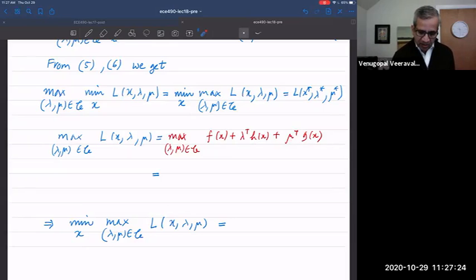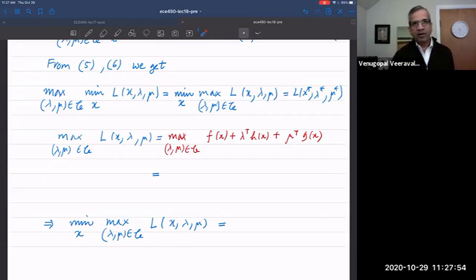Same thing here. These mu's are non-negative, right? And so I can make them as large a positive value as I want in this maximization. So what happens if one of these g's happens to be not less than or equal to 0, but bigger than 0, some positive value? So one of the gj of x's was +2.